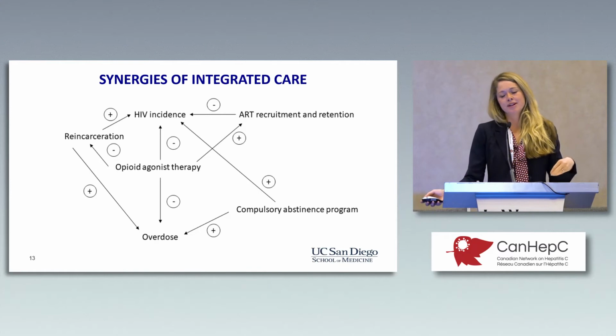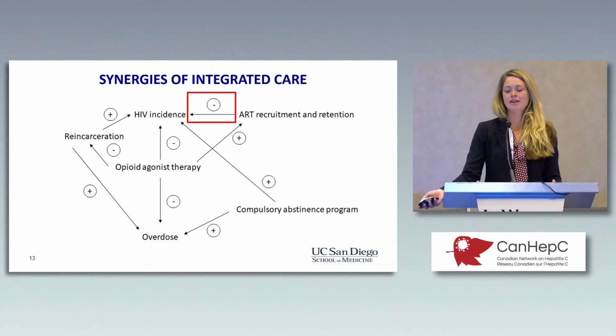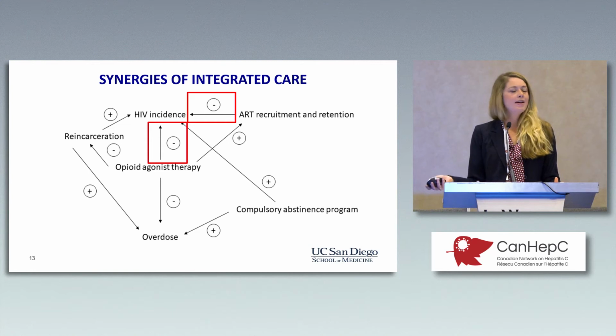And we wanted to build on that work to really look at this idea of whether there are potential synergies with scaling up harm reduction. So we know that opiate agonist therapy, as I mentioned, directly reduces HIV and hepatitis C transmission, but there's an interesting synergy that happens as well. So antiretroviral therapy for HIV reduces HIV transmission, as we know. Opiate agonist therapy also reduces HIV transmission.